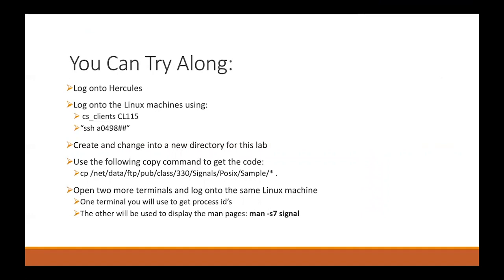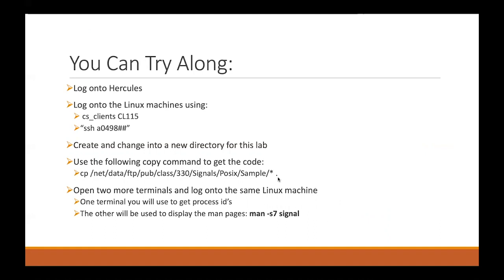Because we're going to be sending signals between two different processes that are unrelated, I'm going to ask that you open another terminal where we'll be able to get our process IDs and send signals to a running process.